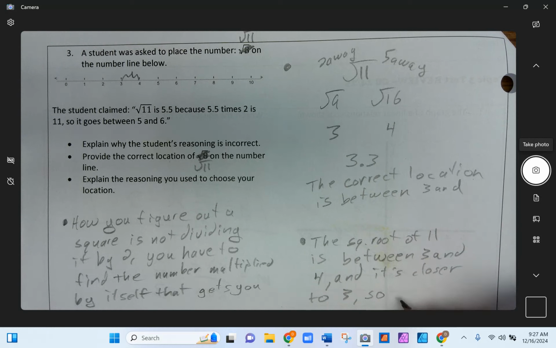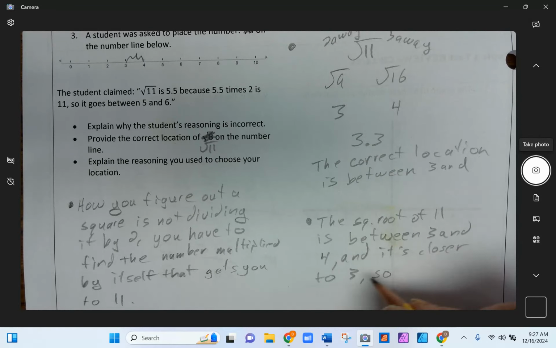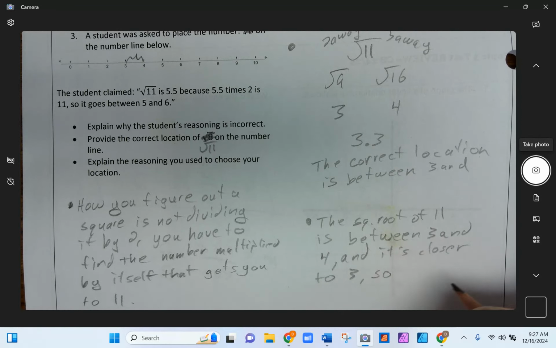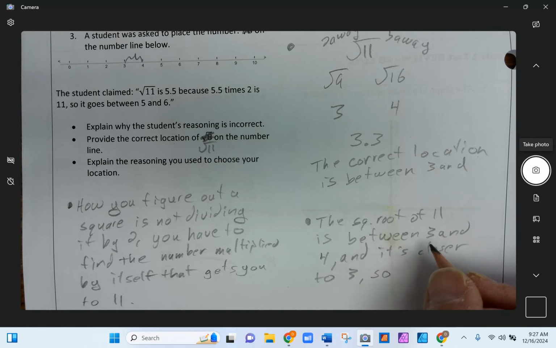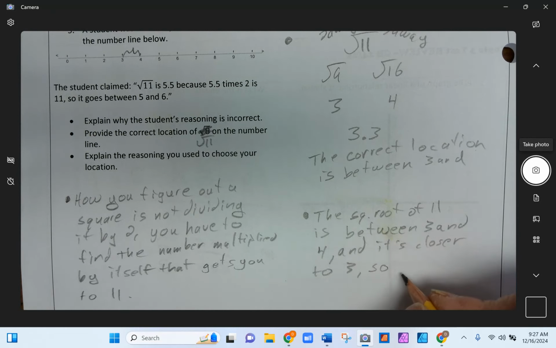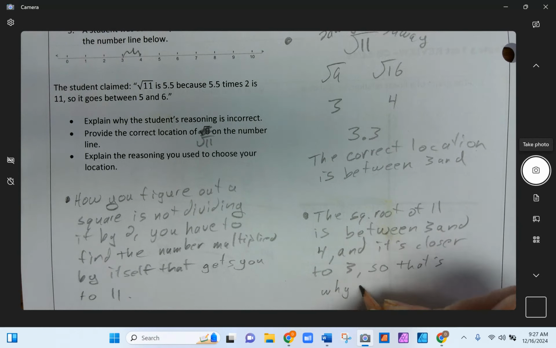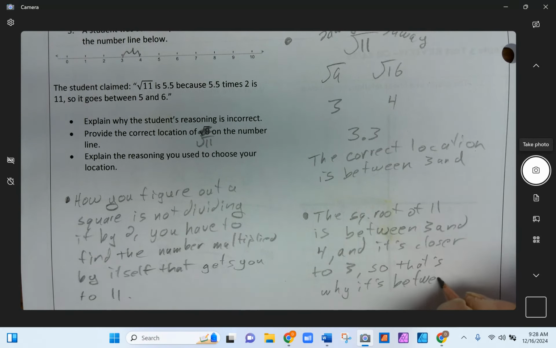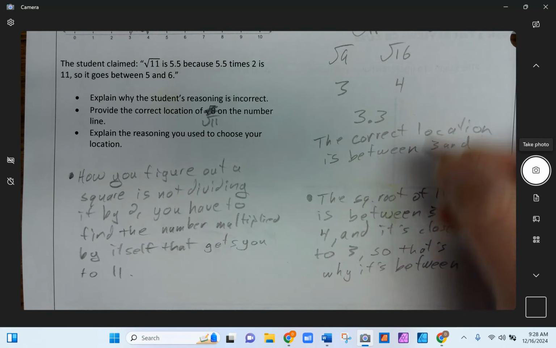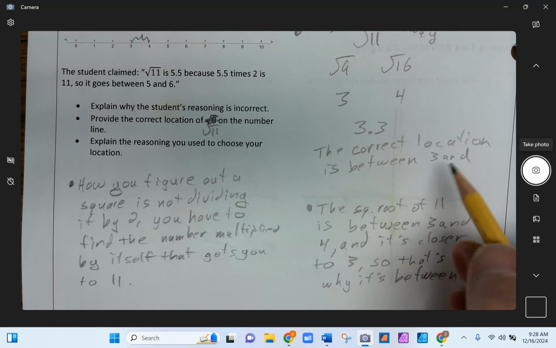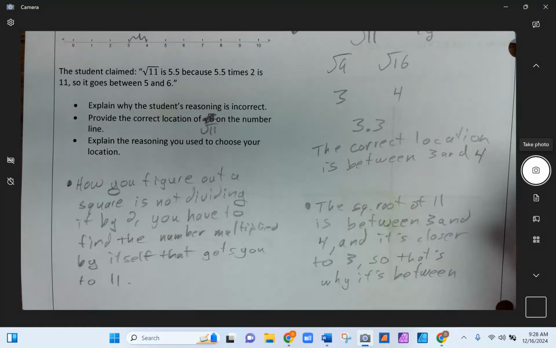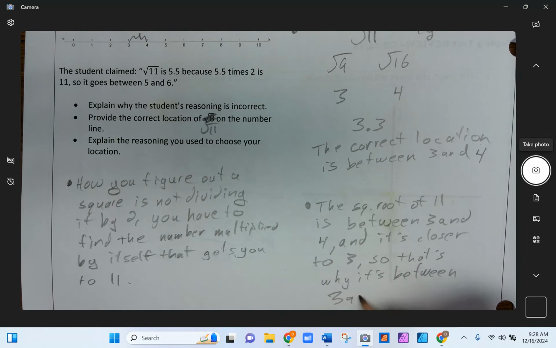I mean, the square root of 11 is between 3 and 4. That's the explanation right there. So that's why it's between 3 and 4. It's kind of using a little bit of circular reasoning, but we figured it out right here. The correct location is between 3 and 4, my bad. That's why it's between 3 and 4.